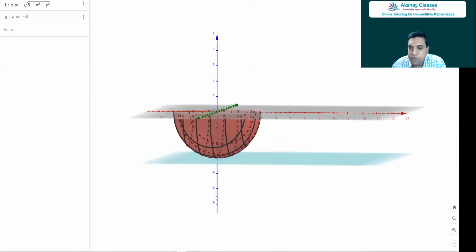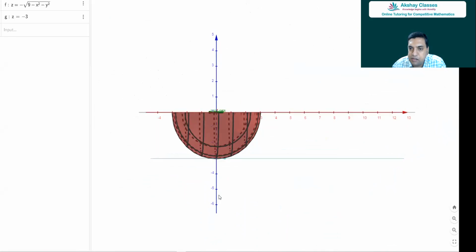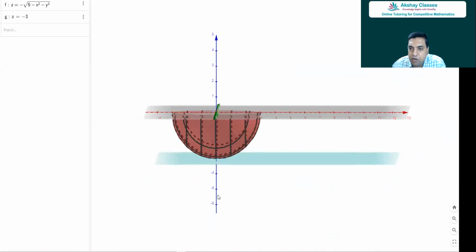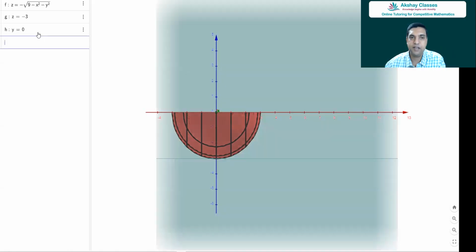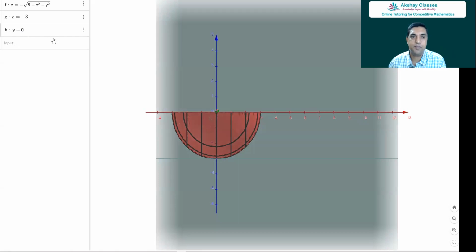So now you see here, along the x-axis, that means along this particular line in the xz plane, I can show that curve also. XZ plane means y equal to 0. So y equal to 0 is a plane.